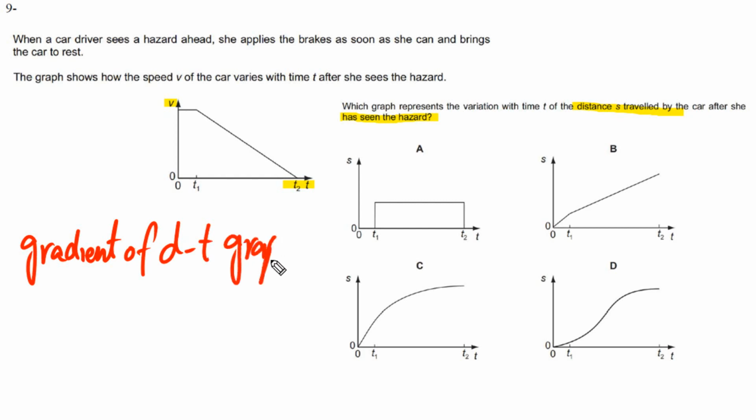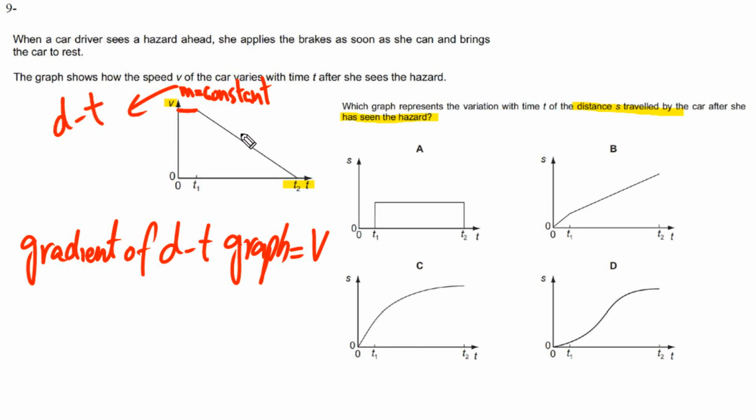So as the velocity is constant here, from this point to this point, it simply means that the gradient of the dt graph has to be constant. This is the gradient of the dt graph, meaning the distance against time graph.